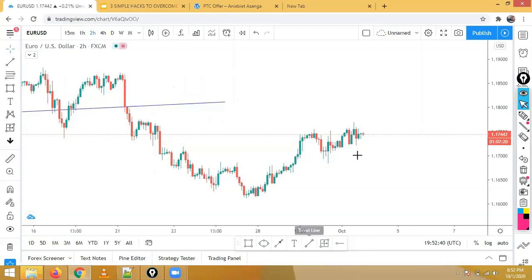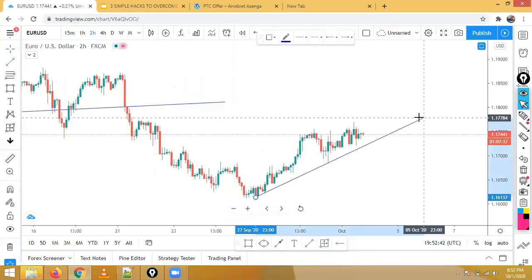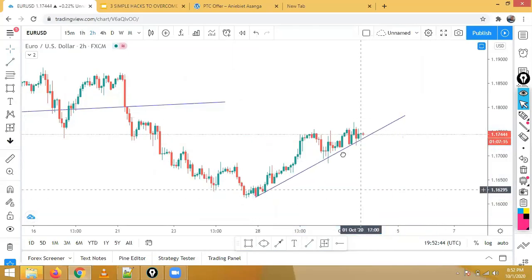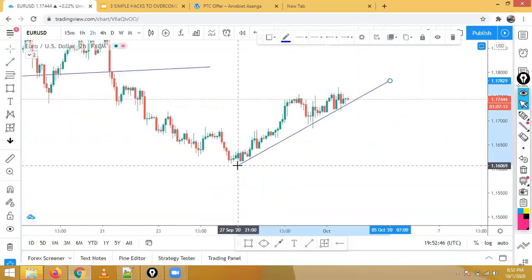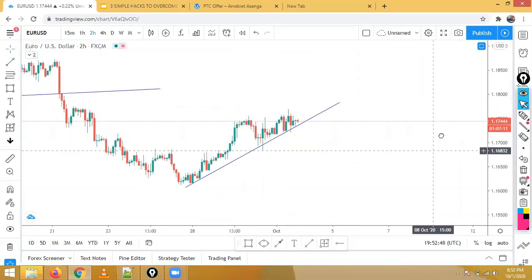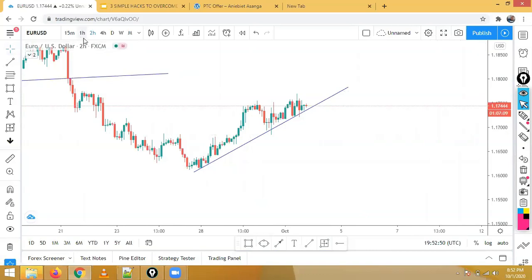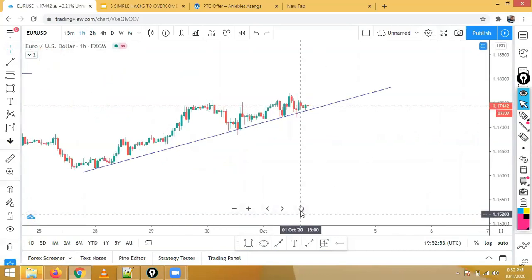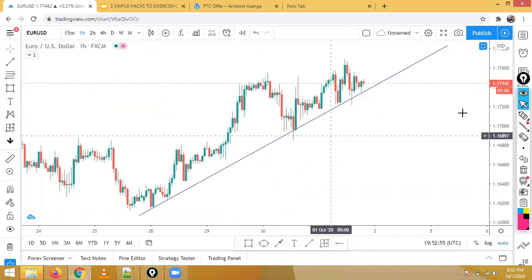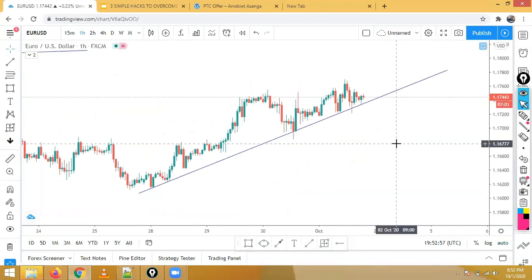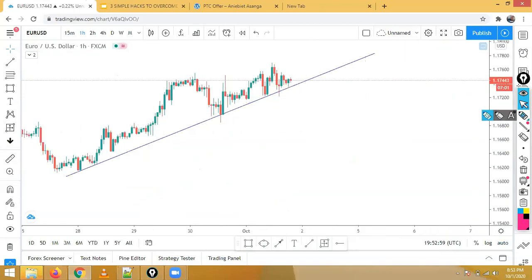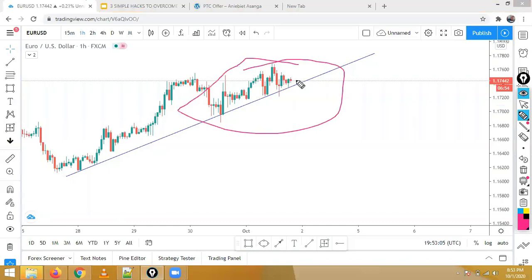So as a smart trader, we want to see this breakdown. So when you see that breakdown, you can now start selling. See that breakdown. So what you need to do, I will look for selling opportunities on EURUSD. But don't jump in and sell at the moment. Don't sell. Wait for price to break below this trend line.